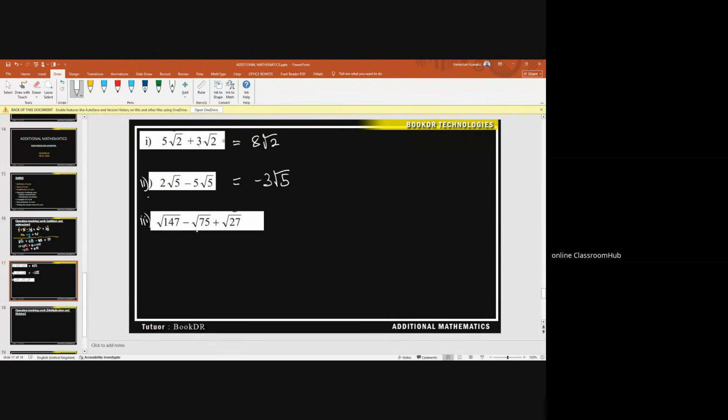So you have to first simplify all the surds to their simplest form, like how we did last time. Since you know that already, we'll have to write 147 as a product of two numbers, such that one is a perfect square. So who can give me those two numbers?